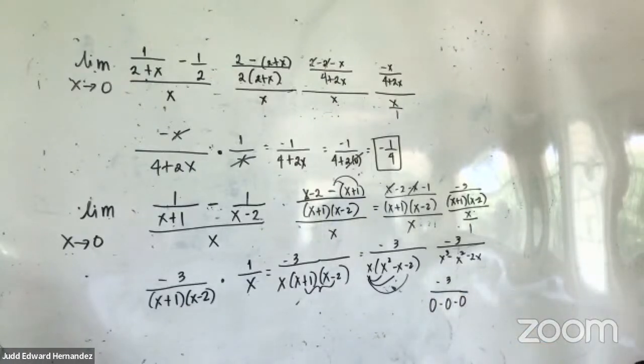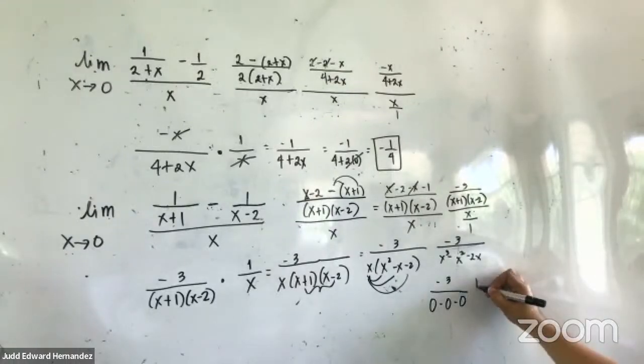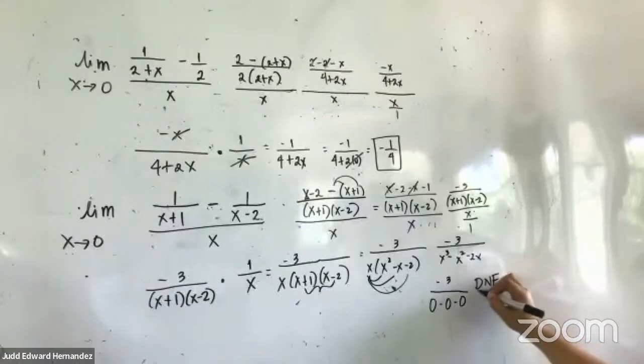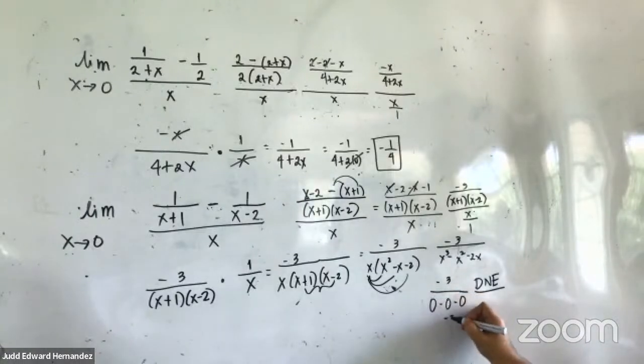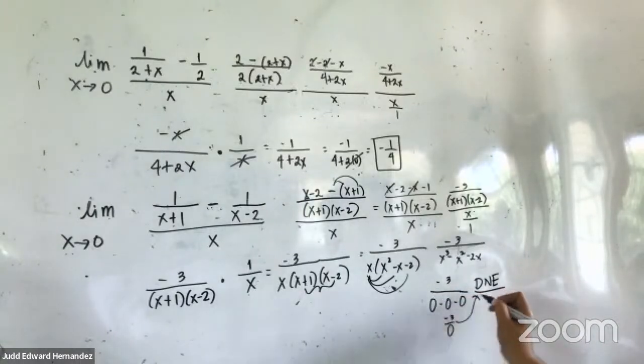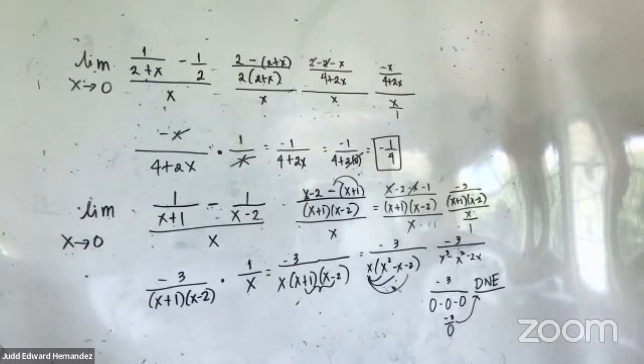Therefore, what is a number divided by 0? Undefined po. Undefined. Therefore, the limit does not exist. Is this clear? Again, it becomes negative 3 over 0. The limit does not exist.